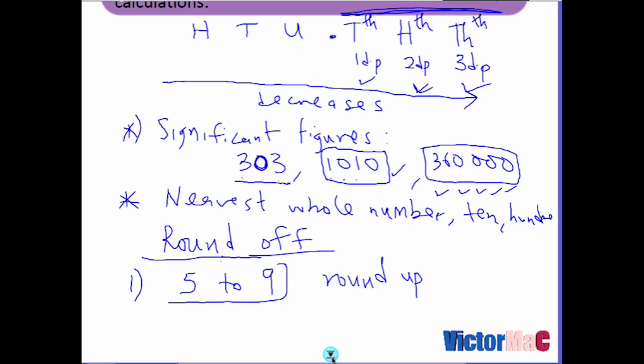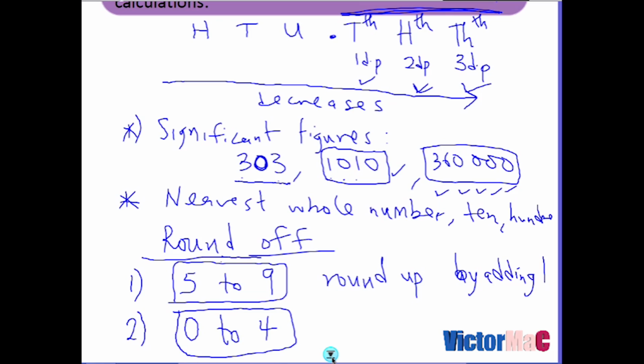With any of these digits, we round up by adding 1. Alright, the second kind of round off or approximation is when the digits behind our degree of accuracy are from 0 up to 4: 0, 1, 2, 3, or 4.